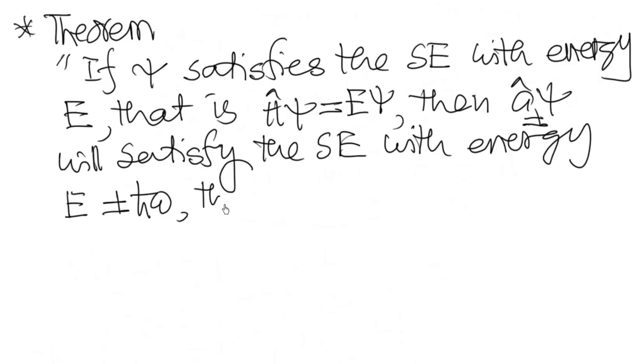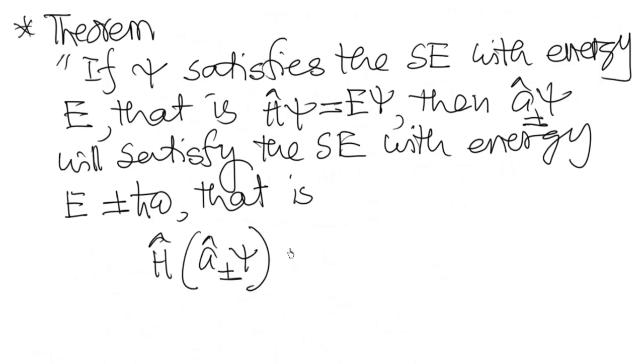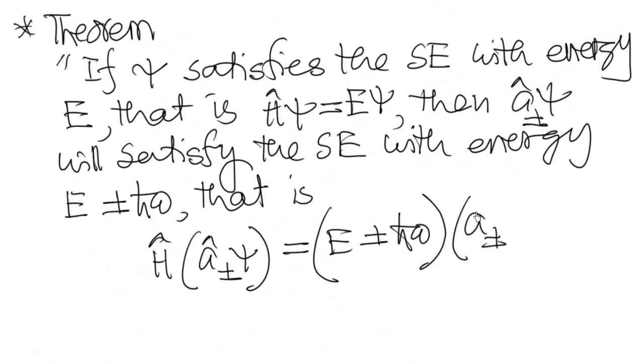That is, the Schrödinger equation for this state function A plus minus psi has the energy E plus minus h cut omega. Okay, we'll have to prove this.